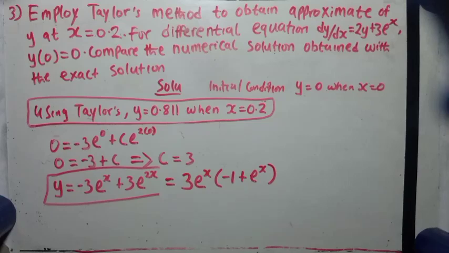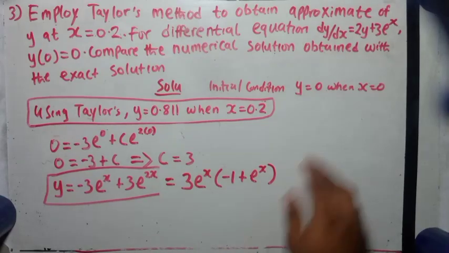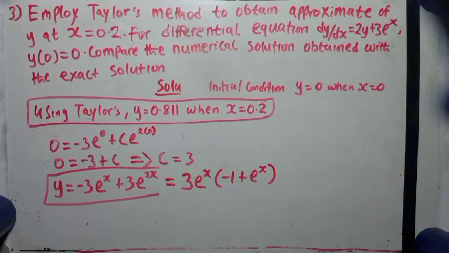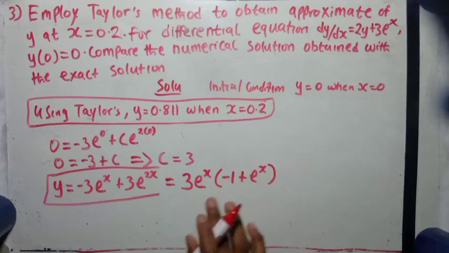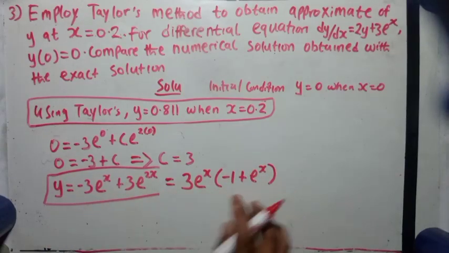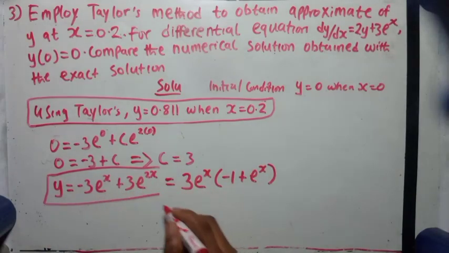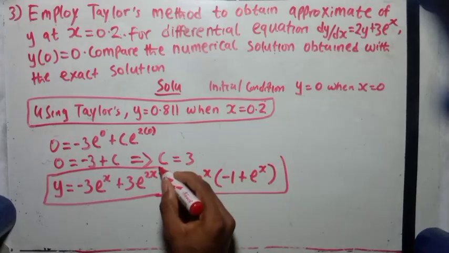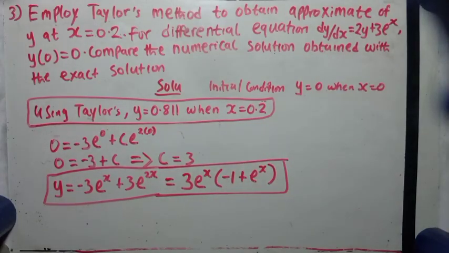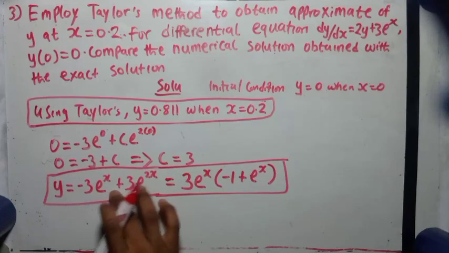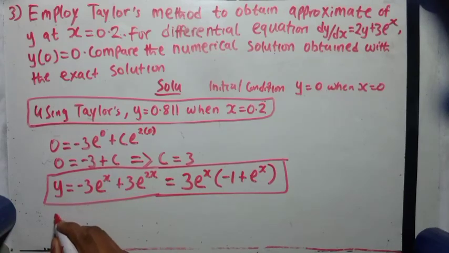Using this, you can either use this or this. This is just factorizing. Whichever you choose to use will still give us the same answer. So let me just make use of the first one.